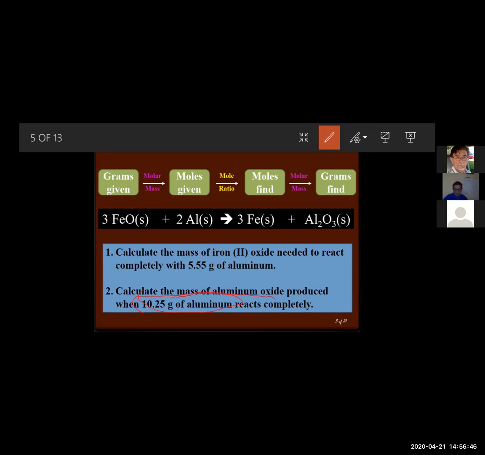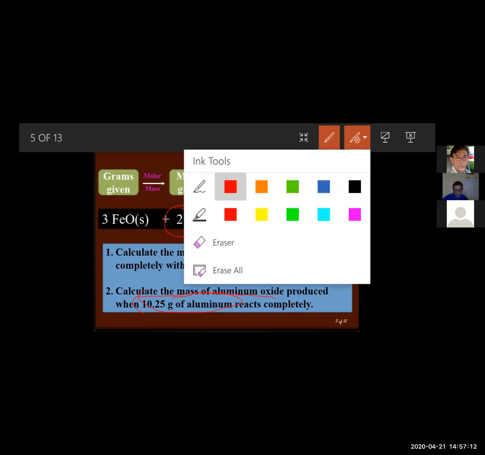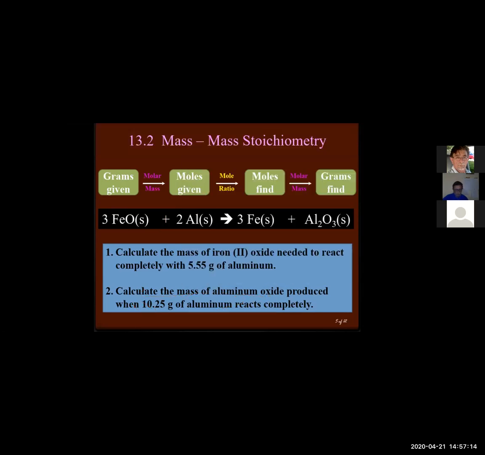In this case, we want to know how much aluminum oxide we make if we start off with 10.25 grams of aluminum. So those are the only two we're concerned about. Next thing I do is look at the ratio. It's 2 aluminum for every 1 aluminum oxide. So let's run through them.